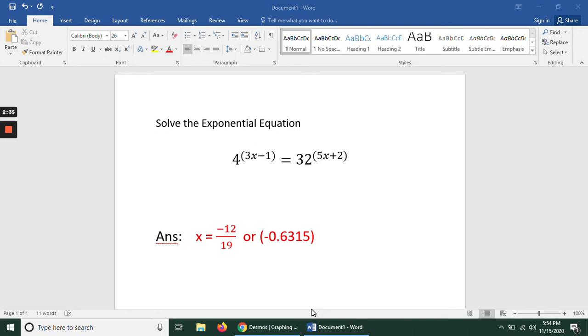Now I found the decimal equivalent for the answer. The answer as a decimal is about negative 0.6315. Now I'm going to show you an easier way to do this.